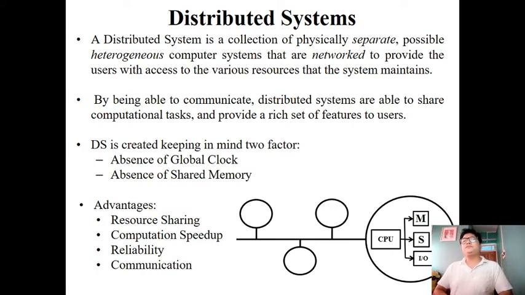Now with the advancement of technology, it is practical to connect multiple computer systems using a network in a small area or in a wide area. There are several advantages which I'm going to explain. First of all, resource sharing. Suppose there is a huge amount of information which I want to store in a computer system.